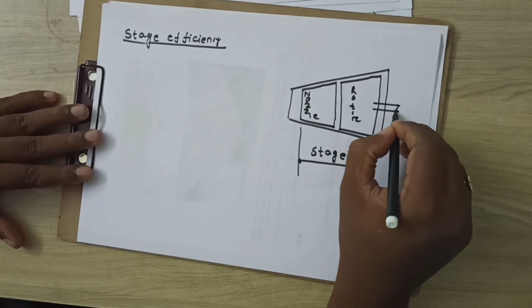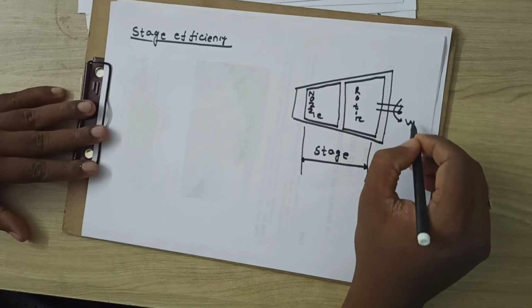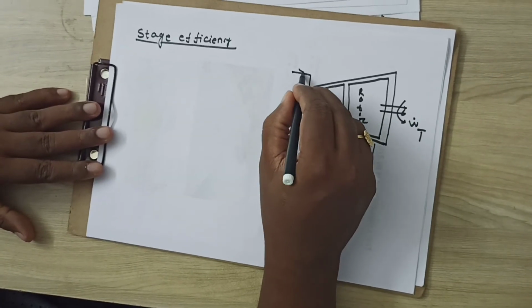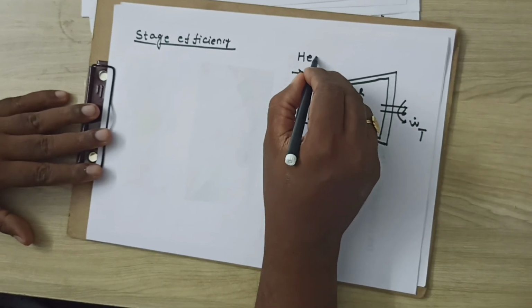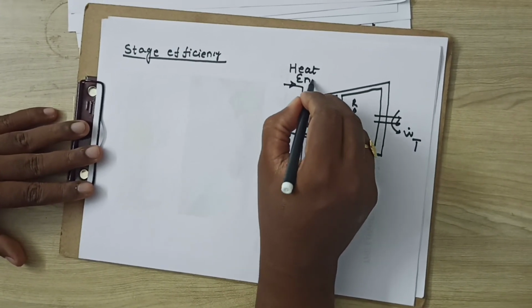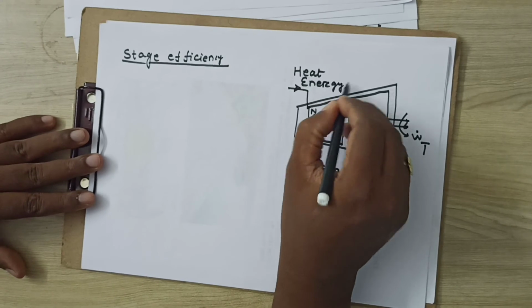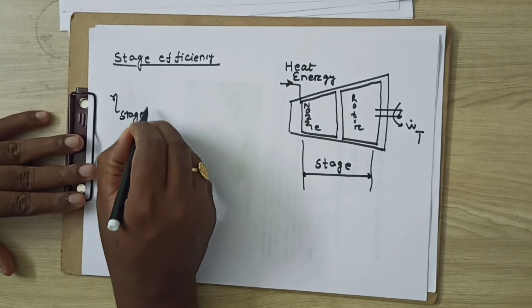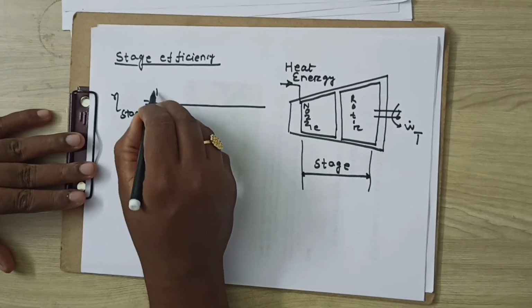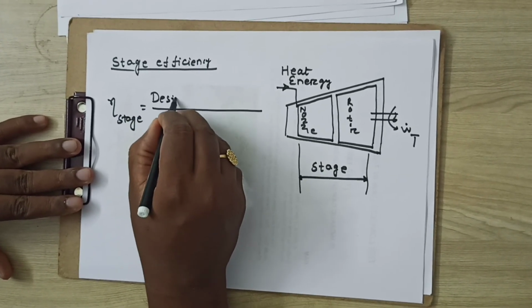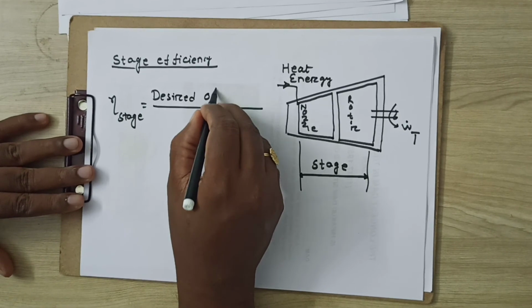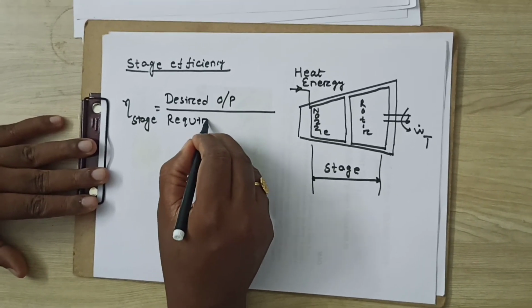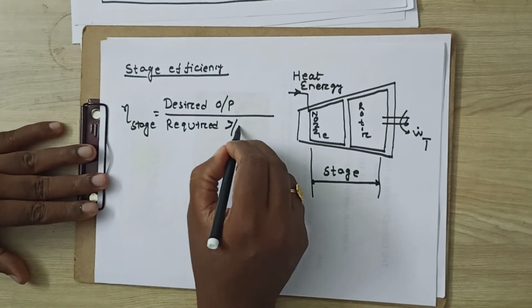The output is your W dot T. The input is heat energy. So eta stage is desired output divided by required input.